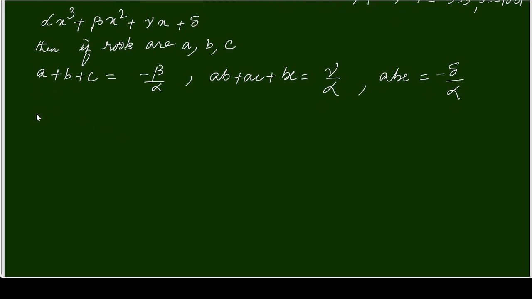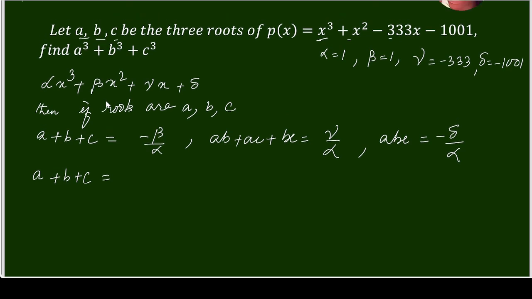So A plus B plus C equals minus 1, AB plus AC plus BC equals minus 333 over 1, so it will be minus 333, and ABC equals 1001, it will be positive.